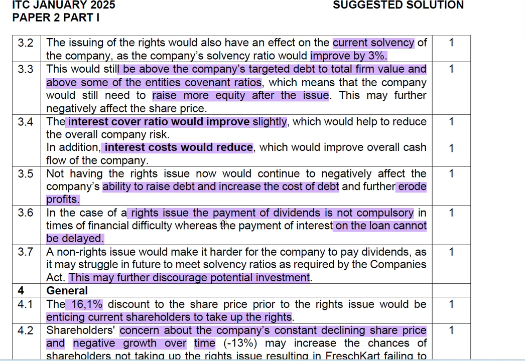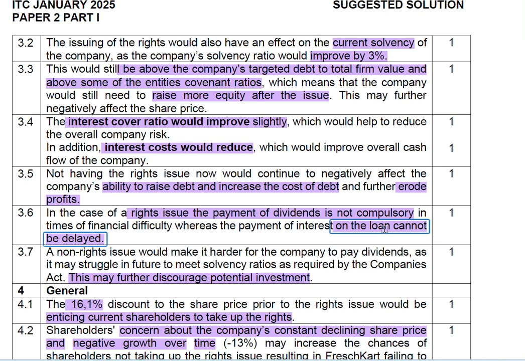And we need to consider the fact that if we issue more shares, dividends are not compulsory, but we cannot delay the interest. We all know this. Even in your CTA years, you will argue and say, it is better I go with the issuing of shares because I do not have to pay the dividend.